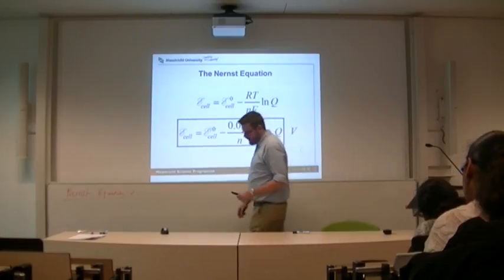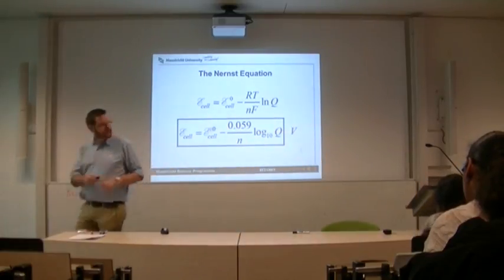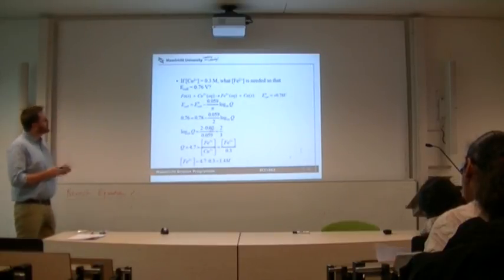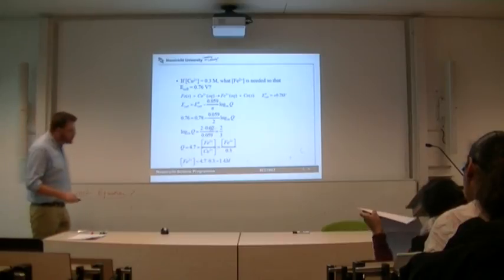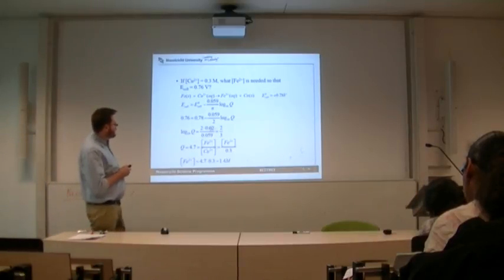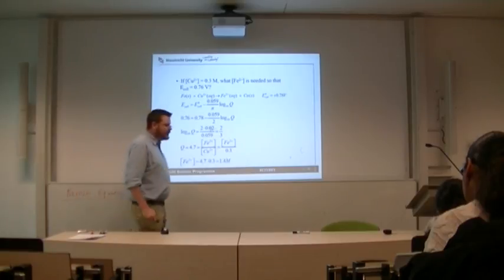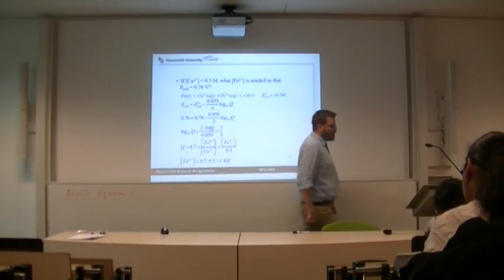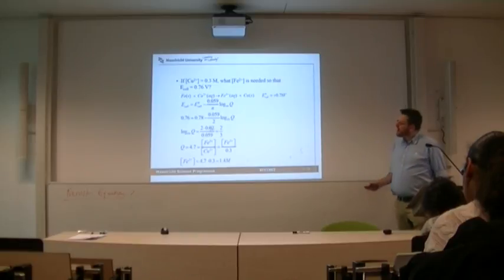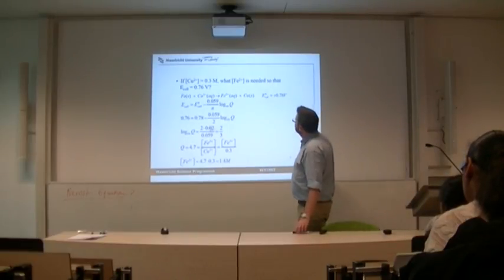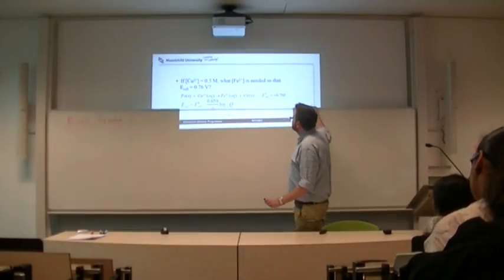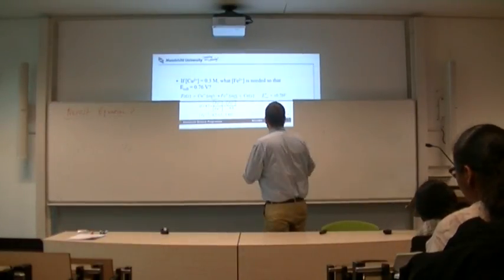Let's do this by way of example so you can see. Let's suppose I have an electrochemical cell, where I've got a copper, well, let's draw it.